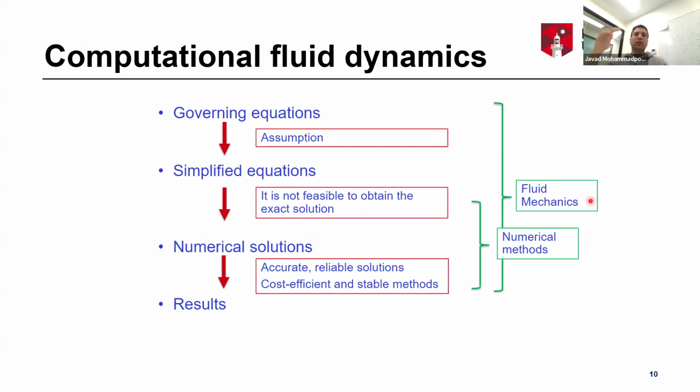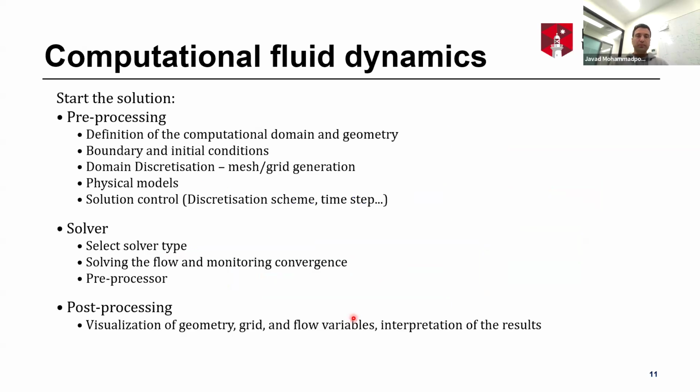All this process is named fluid mechanics, and the last part is named numerical methods. After processing, we have the result, and again, as an expert, you need to analyze and evaluate your results.